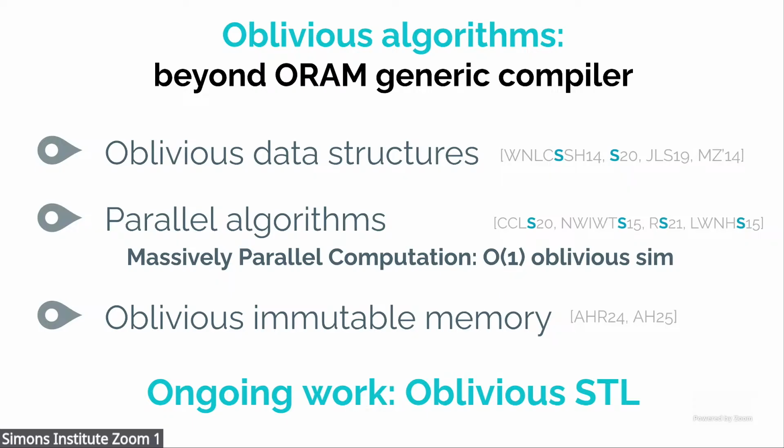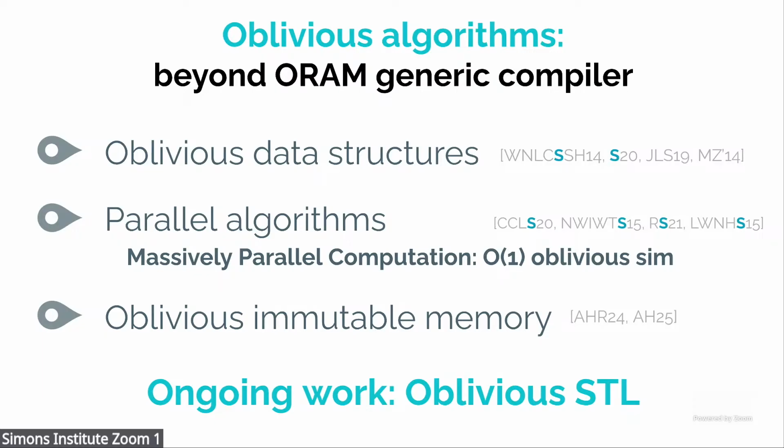Oftentimes if you have specific algorithms or specific data structures, let's say graph algorithms, page rank, lots of them, matrix factorization, a lot of these algorithms don't need generic ORAM, because they can either be efficiently expressed as a parallel algorithm, or it's some kind of data structure, or it can be expressed efficiently in some computation model. And algorithms in these computation models can be made oblivious much more efficiently than generic ORAM.